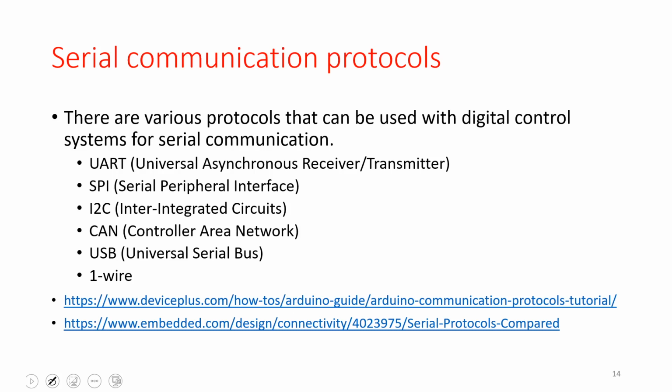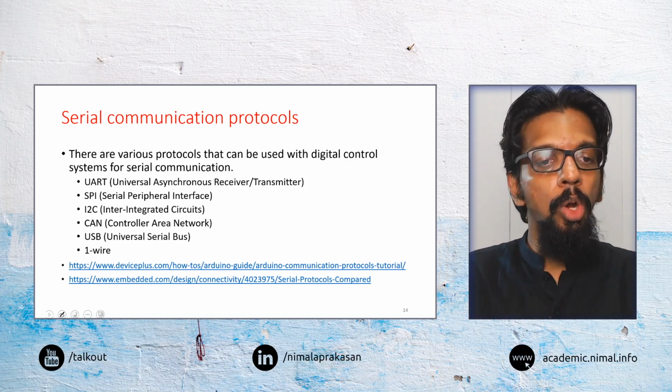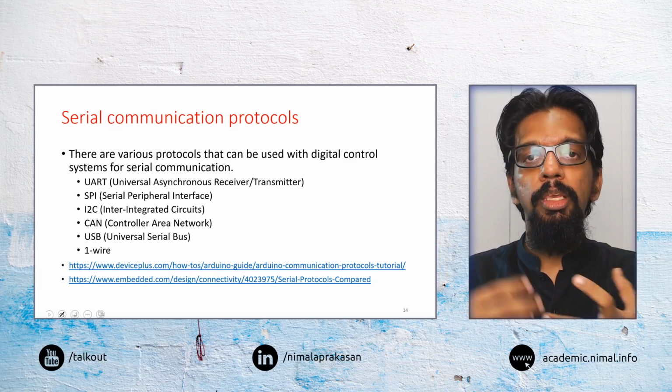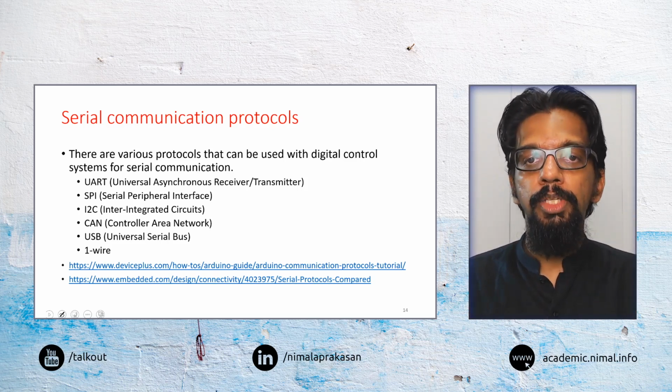So if we think about serial communication, there are a number of communication protocols that can be used in computers and control systems and things like that, which can be used to implement various types of serial communication. Some of the examples can be UART or SPI or I2C, CAN, USB, one wire, and these are some examples of serial communication.